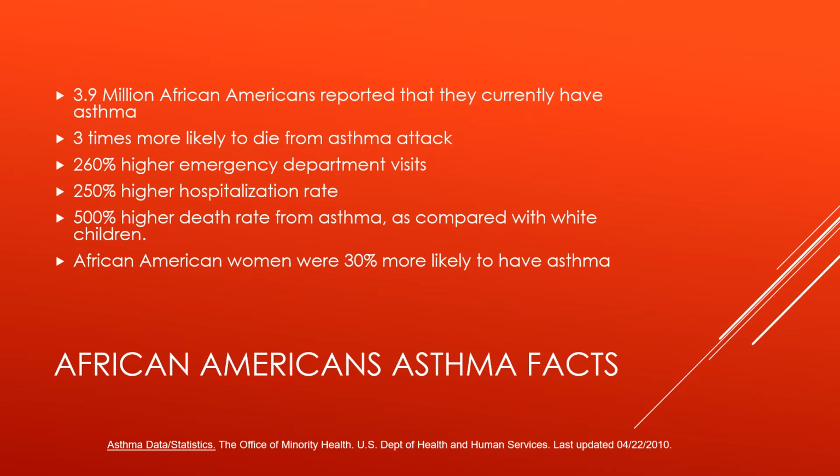But a lot of evidence has shown that it has a lot to do with socioeconomics, where you live, what kind of living conditions, access to health care, access to a primary care physician. So all of these factors add up. But the results are the results, and this is very troublesome data.